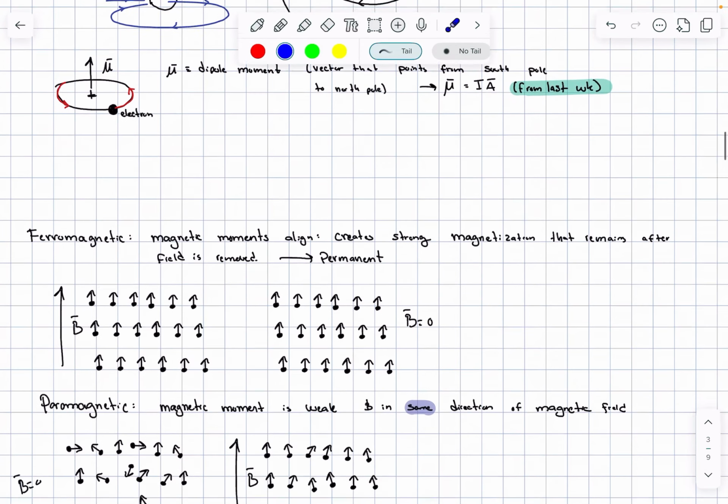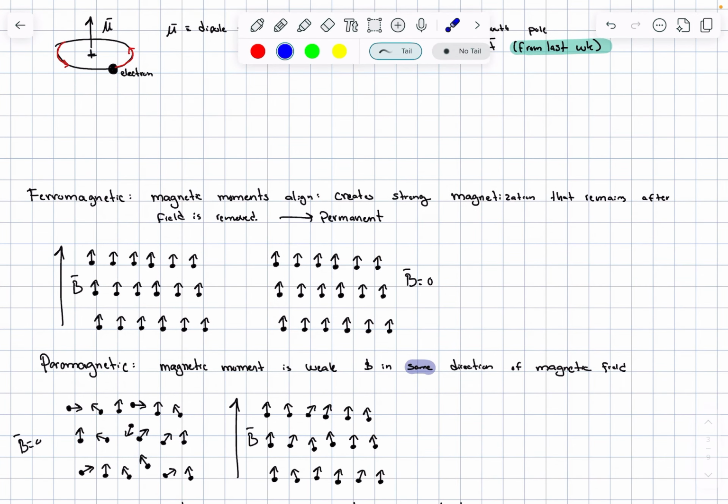We can divide materials into three broad categories. The first is a ferromagnetic material, where the magnetic moments align, which creates a strong magnetization that remains after the field is removed. So this is a permanent magnet. The idea here is how good it is at acting like the stereotypical magnet that you're trying to stick to your fridge.